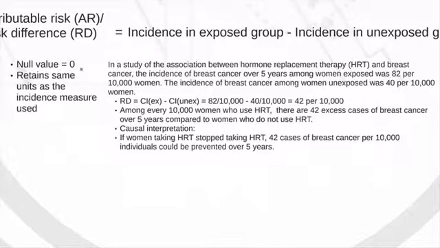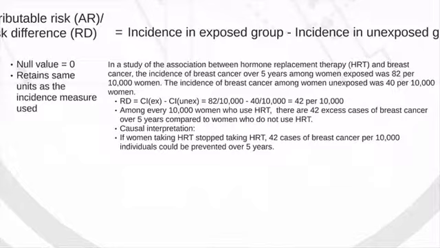So let's walk through an example. In a study of the association between hormone replacement therapy and breast cancer, the incidence of breast cancer over 5 years among women exposed was 82 per 10,000 women. Then the incidence of breast cancer in women unexposed, those who didn't take hormone replacement, was 40 per 10,000.